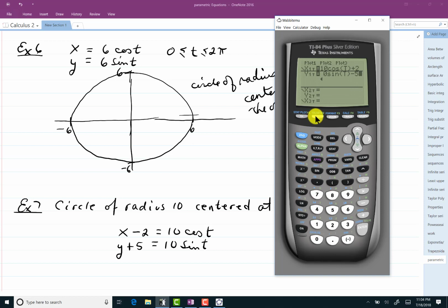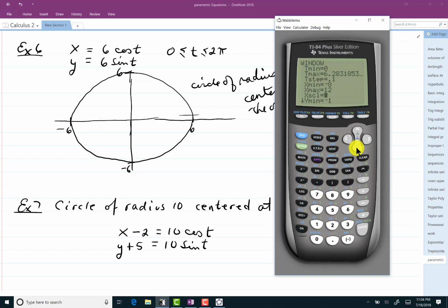Let me check my window. I'm going to start my t min at 0, but my t max will be 2 pi. I'll leave my t step the way it was. Now if this is a circle of radius 10 and my center is x equal to 2, then I need to stretch from negative 8 to 12.